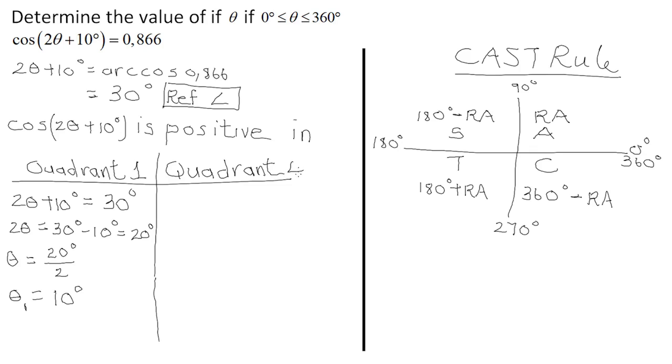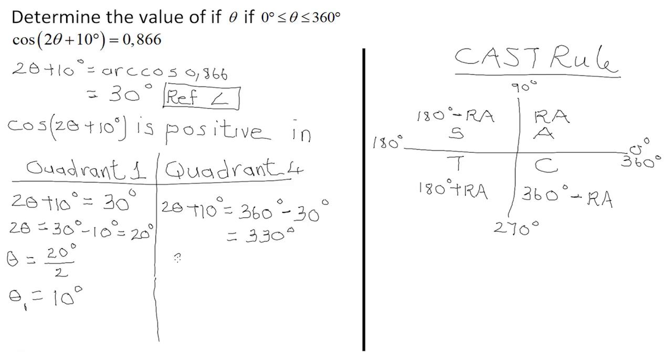number 4, which means that same angle, 2 theta plus 10 degrees is equal to, according to my CAST rule, quadrant number 4, 360 degrees minus my reference angle of 30 degrees. And that is equal to 330 degrees.